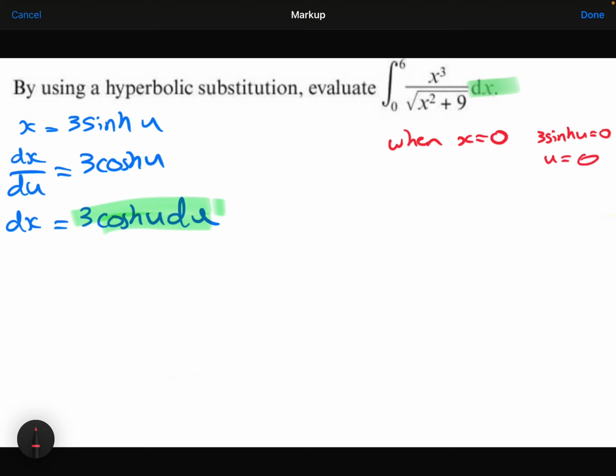When x equals 6, I'll get 3 sinh u equals 6. So I will get sinh u equals 2. So u would equal r sinh of 2.